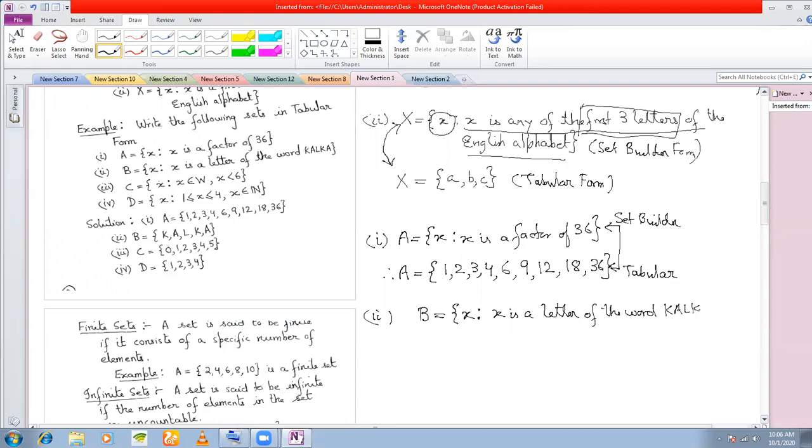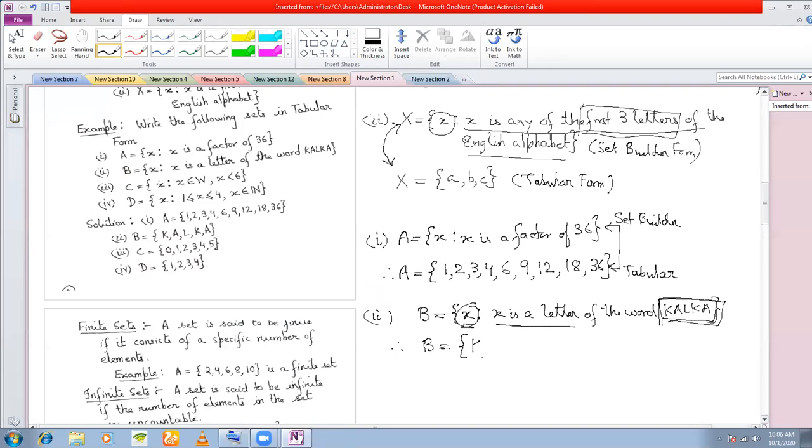What are the letters in this word? B has an element X, and what is the definition of X? That X can be any of the letters of this word. Therefore, what are the letters in this word?